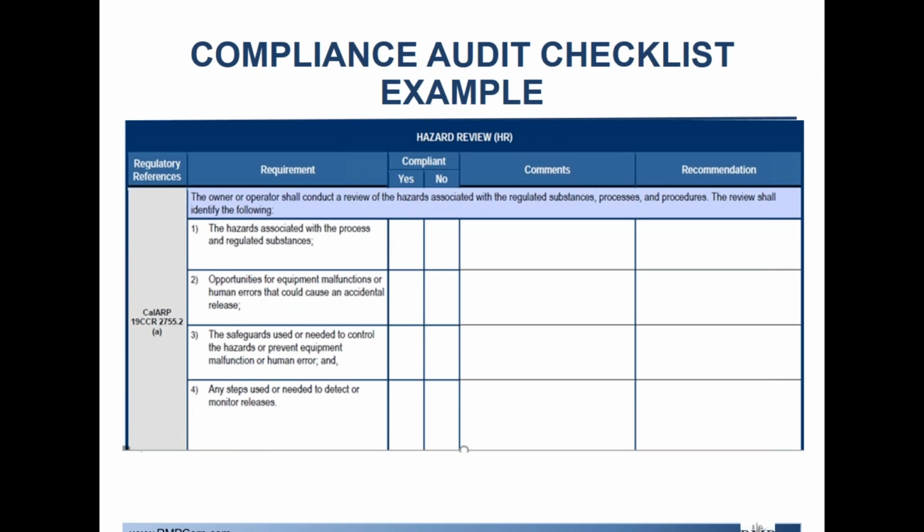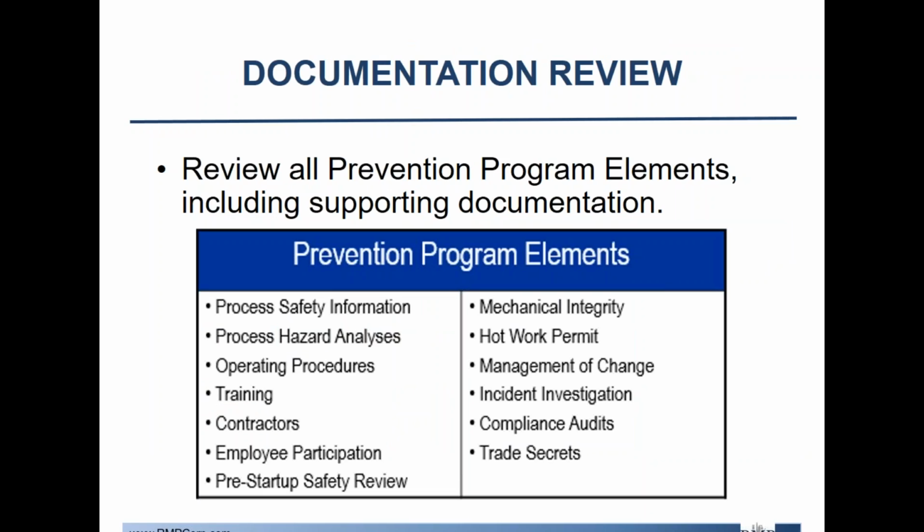The more detail you have in the comment section, the better. And then as part of this, you just review all prevention program elements, which includes any supporting documentation. We'll go over in detail what that is in a bit.